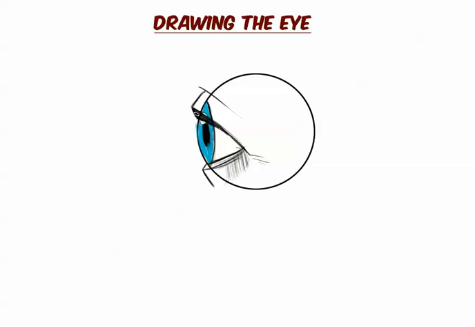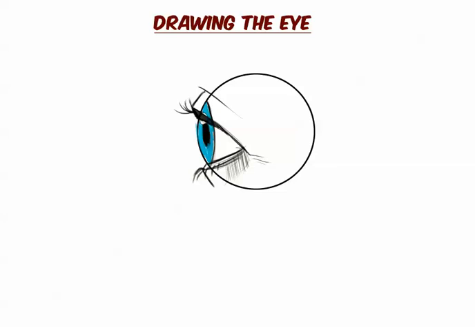And then your eyelashes actually come not right at the top of the ledge, just below it. That's where they come out. The same thing here, not right at the edge, but just above it. And there you have the side view of the eye.